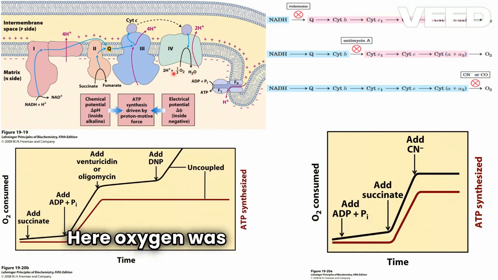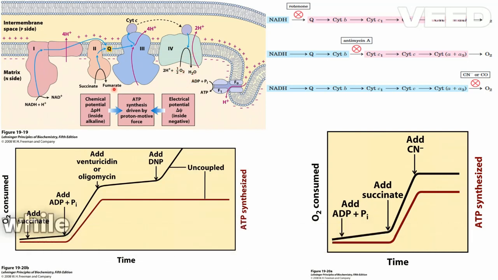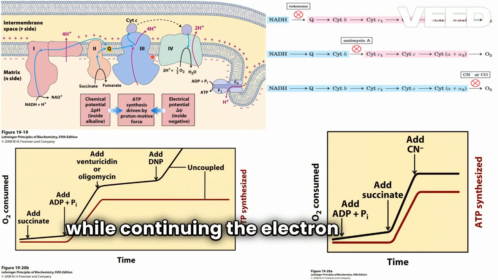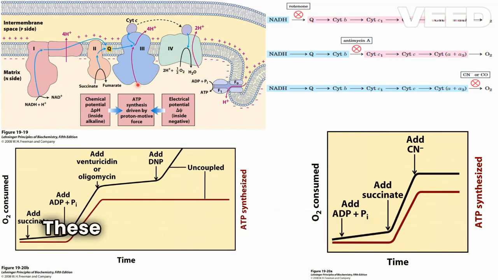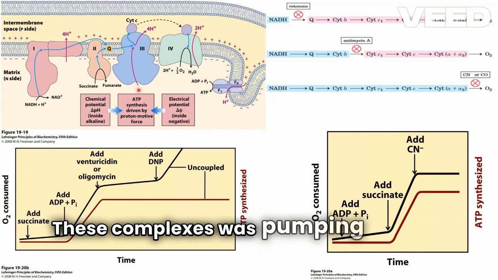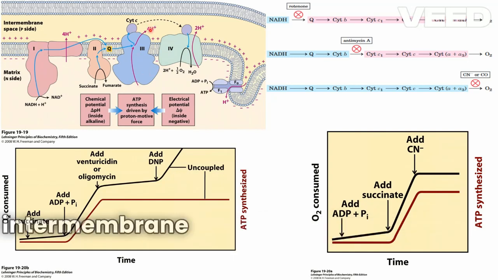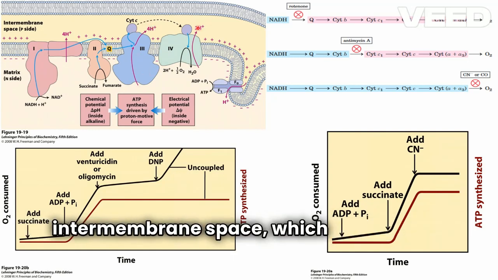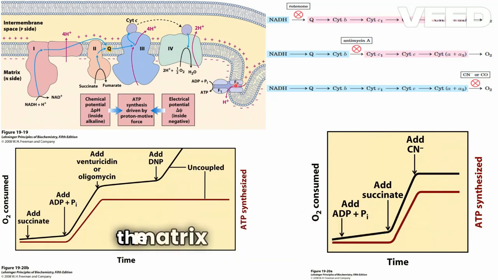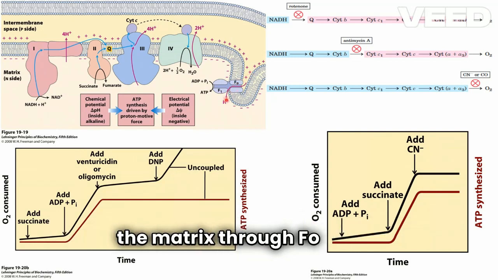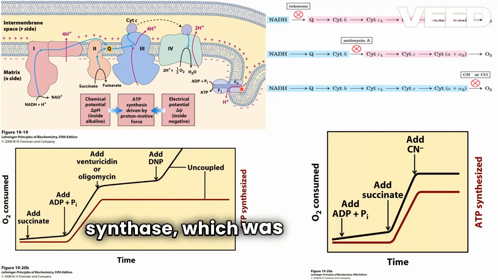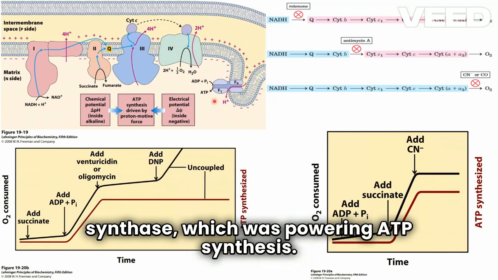Here, oxygen was being consumed. Also, while continuing the electron transport chain, these complexes were pumping protons to the intermembrane space, which were coming back to the matrix through F naught of ATP synthase, which was powering ATP synthesis.